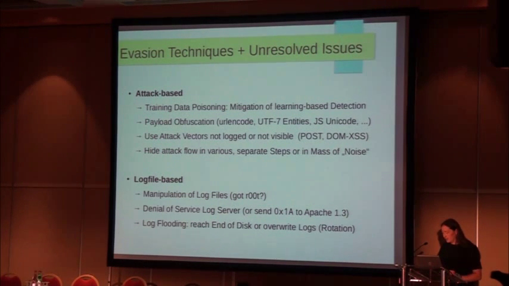So that's still not perfect, but an attacker has to have access to very many IP addresses, and he has to poison the training data at the very beginning to make his attacks undetected. Another countermeasure maybe would be a hybrid approach: just run PHPIDS to filter out large portions and then afterwards run a learning-based approach.